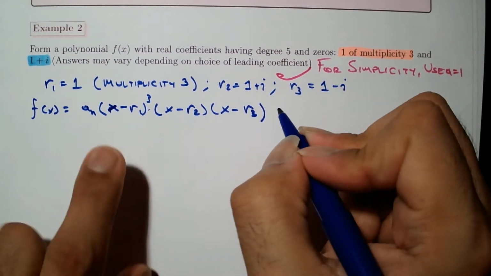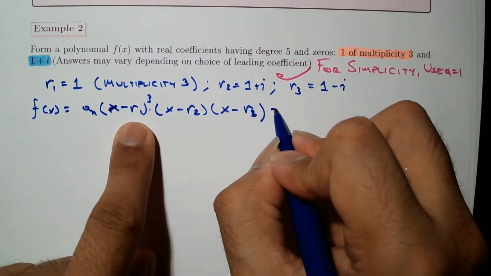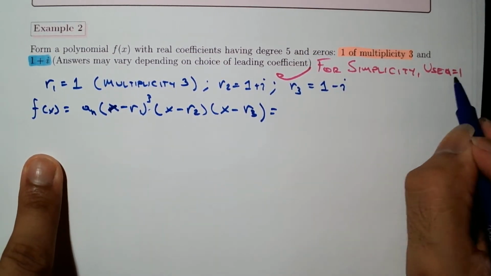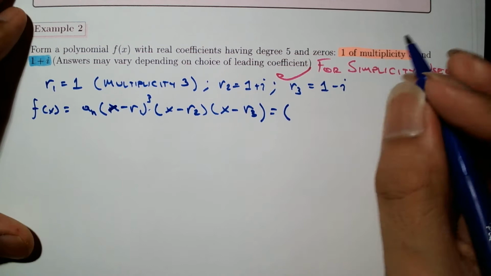So I'm going to write those zeros where they correspond, and for a sub n, I'm going to replace it with a 1. In other words, I'm not going to write anything.